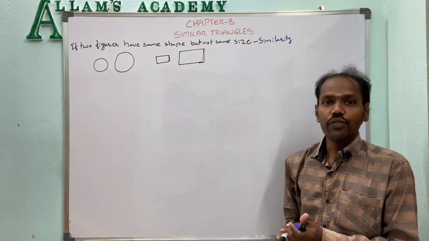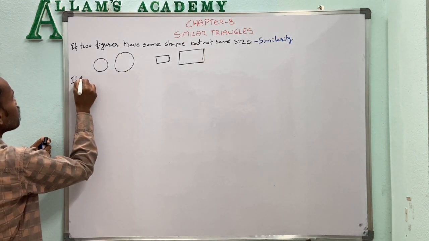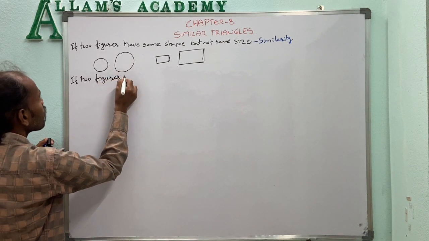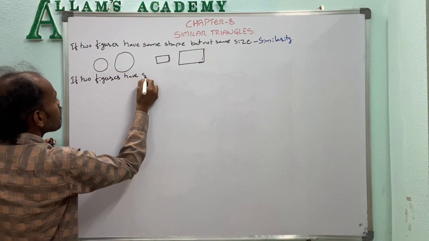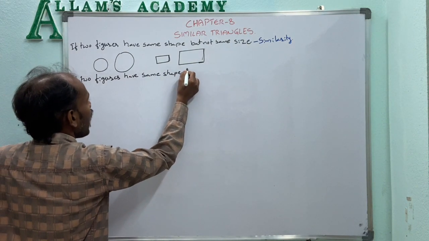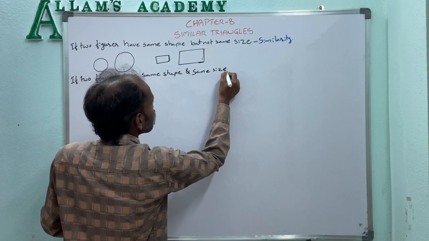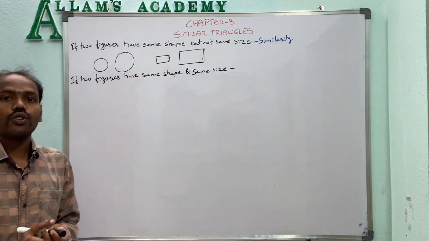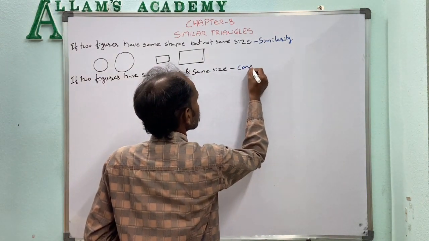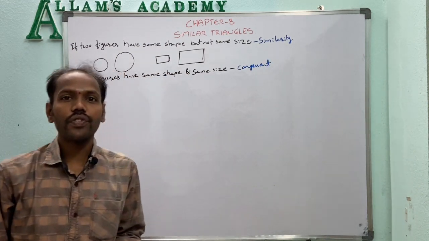Okay, if two figures have the same shape and the same size also, then the two figures are called congruent figures.